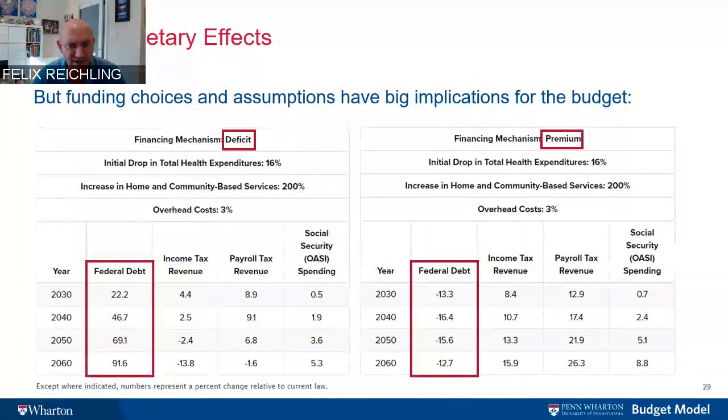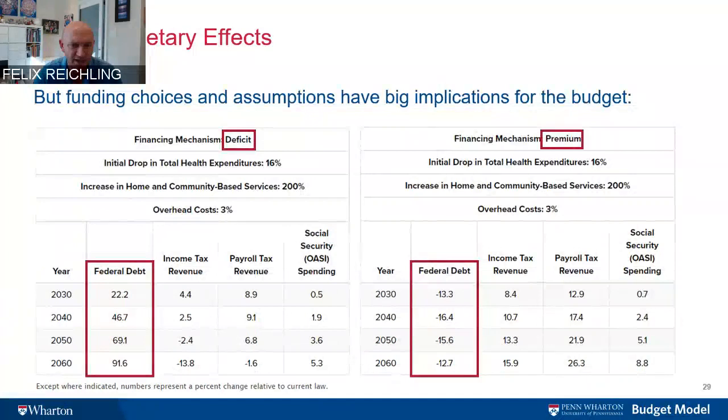Under the premium financing, however, you will find that federal debt actually decreases. And the reason is that if you have premium financing, people will work more and save more overall, and that increases tax revenues compared to the deficit financing.